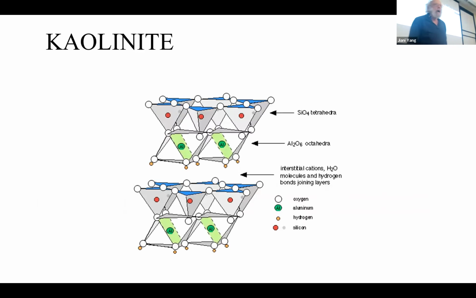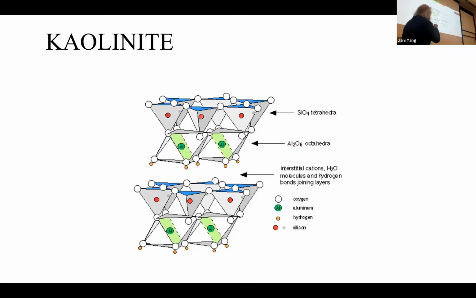Now, clays are basically quasi two-dimensional structures, and they come in two varieties. One is kaolinite, which has a tetrahedral layer and an octahedral layer, and the usual kaolinite is a very simple chemical compound.